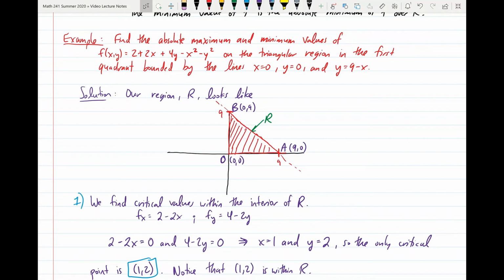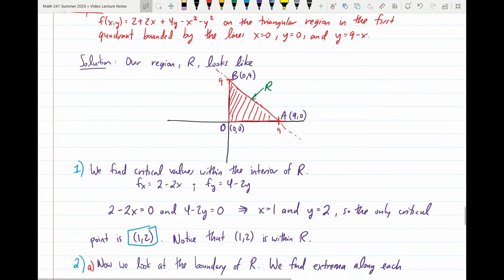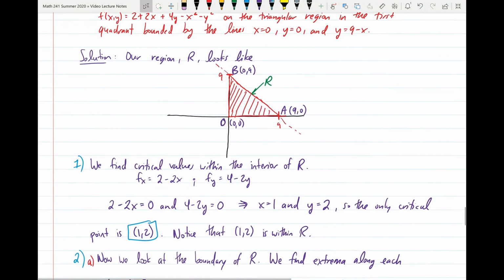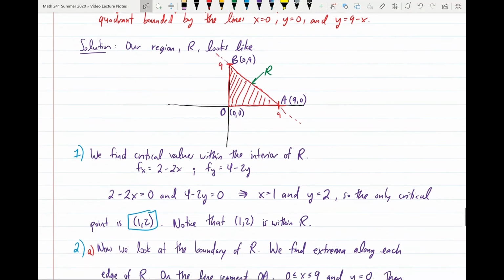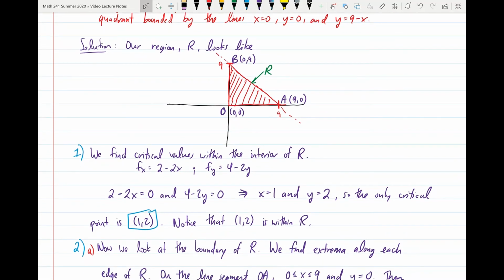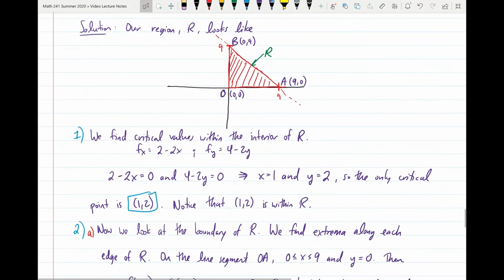The three vertices of the triangle will be the point (0, 0), the point (9, 0), and the point (0, 9), which I've labeled as O for origin, and then the point A and the point B. This will give us a good idea of what that region looks like, and it will be important as we move on, finding the critical values along the boundary of our region.